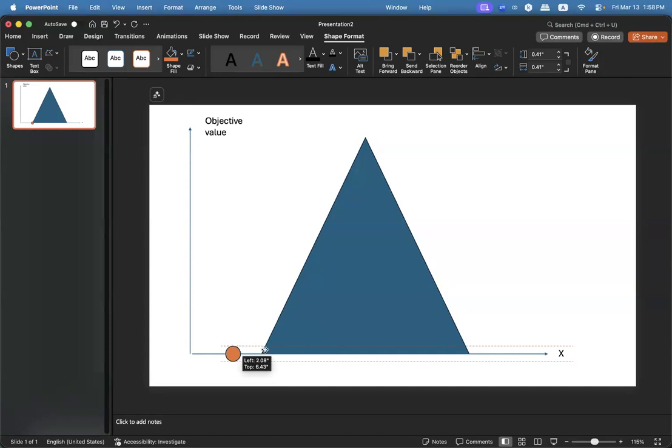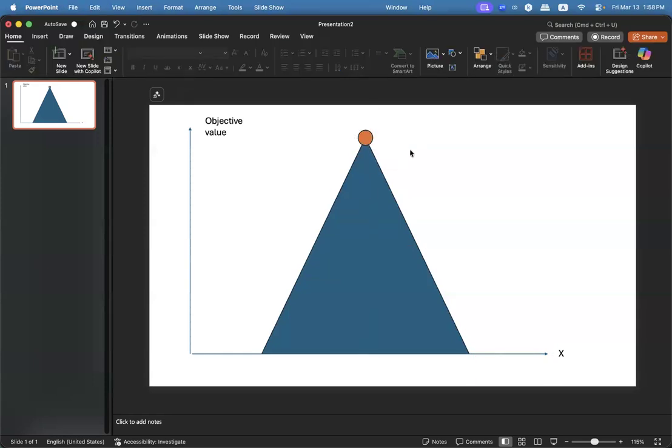It will go right, because the right gives a higher value. It keeps on going up to the top. When it is at the top, going left or going right doesn't give it a higher value, so it will stop there. So we can stop the search. This is what the hill climbing algorithm is trying to do.